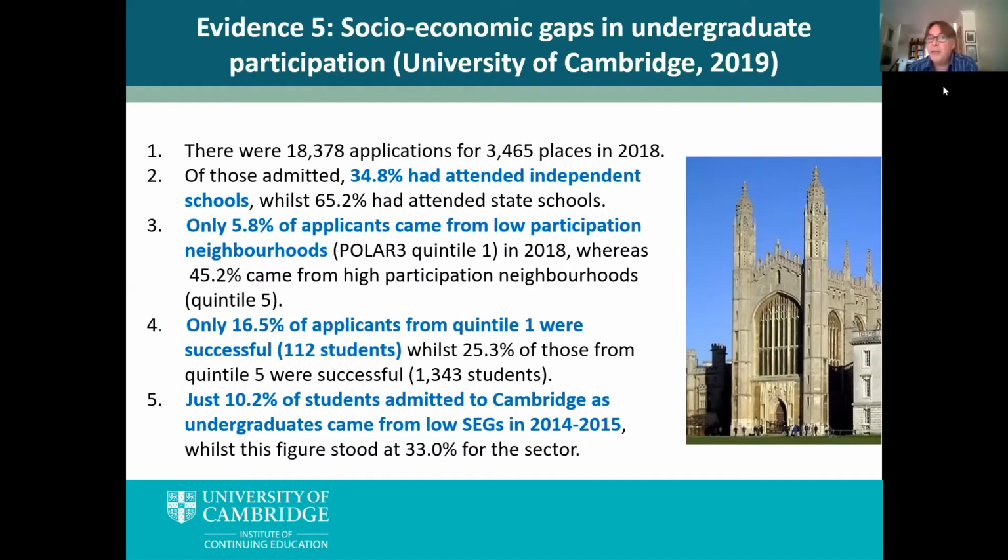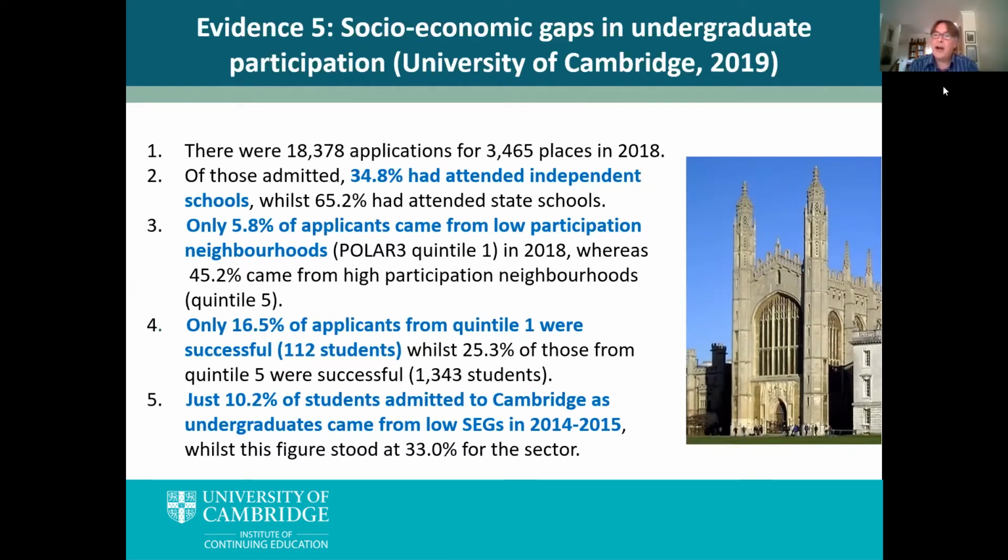If we look at other measures though, Polar 3 is a measure which looks at high participation and low participation neighbourhoods. So it looks at your postcode and your background area, your geographic area. And Polar 3 quintile 1 is pupils coming from low participation neighbourhoods. Quintile 5, high participation neighbourhoods.